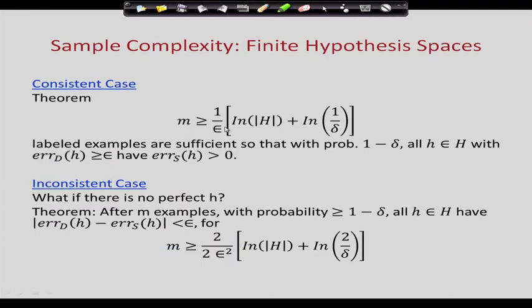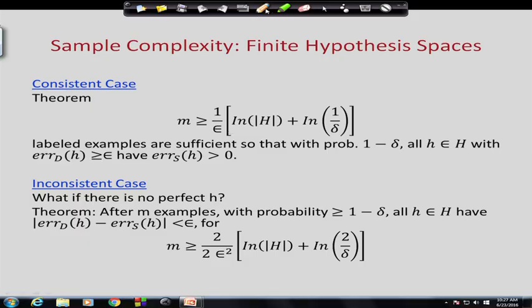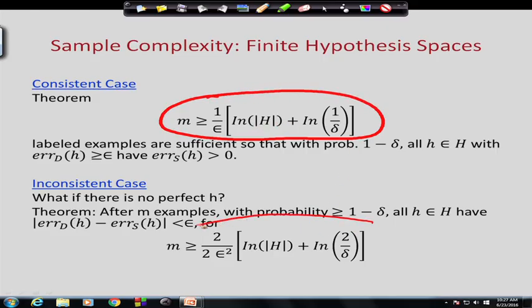So, just to summarize, in the consistent case we found this bound on m. In the inconsistent case we find this value of m, and we can compare these two equations. Here in the consistent case we came up with m greater than or equal to 1 by epsilon times log h plus log 1 by delta. Here we come up with this value of m.